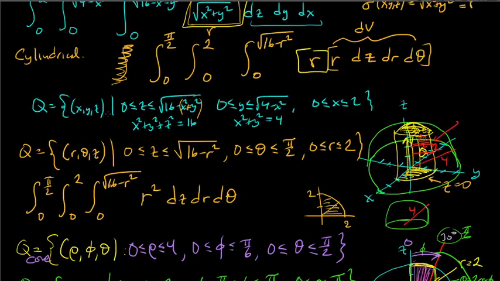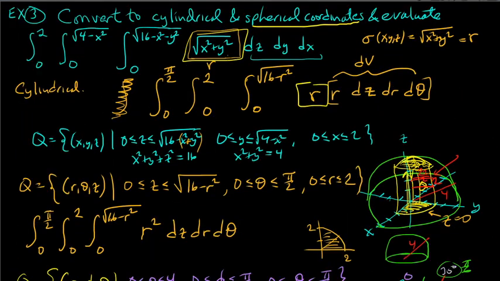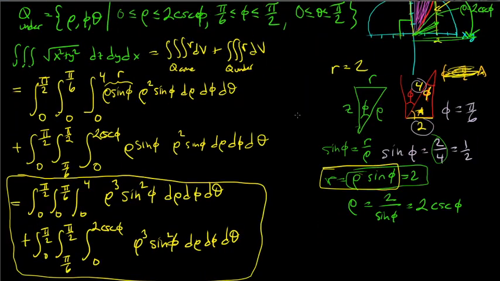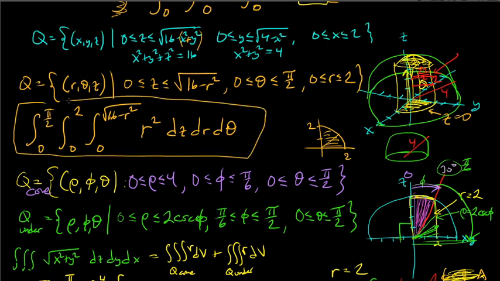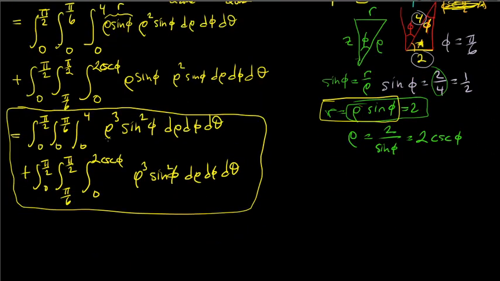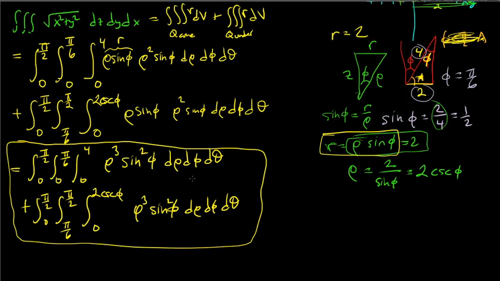Maybe I underestimated how difficult this problem was. It's a lot harder than I thought. But now we have two good integrals that we can evaluate. It's a triple integral, but if we do this in spherical coordinates, we have to integrate both of these.